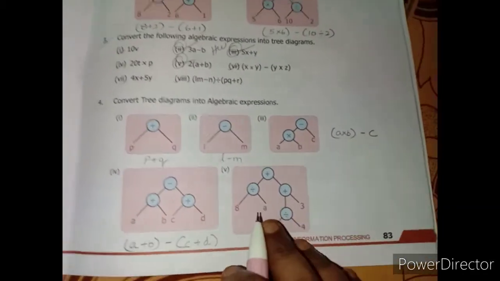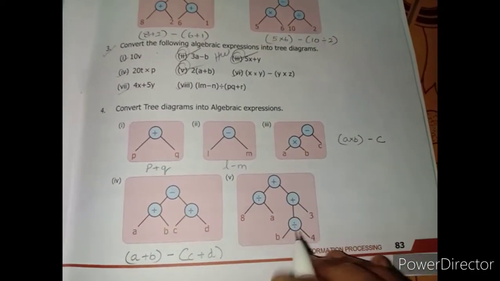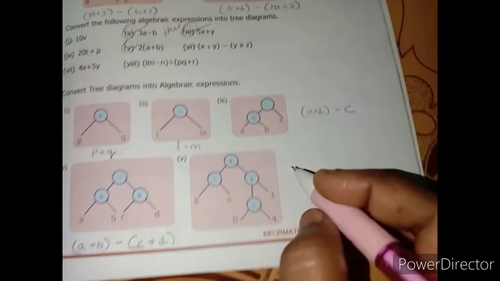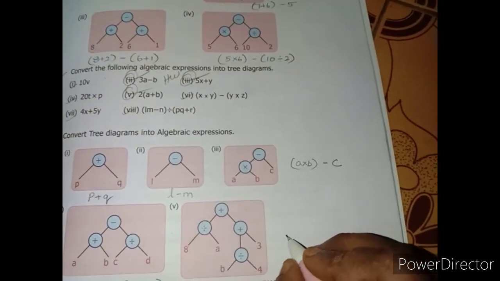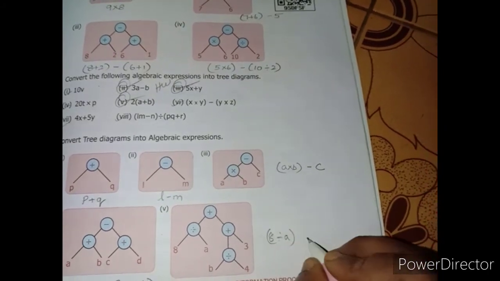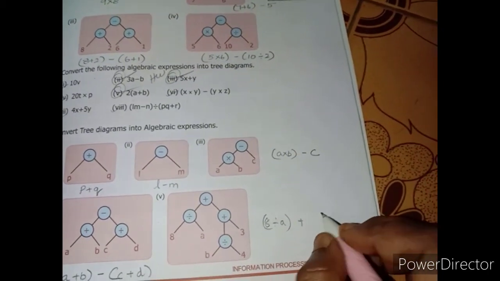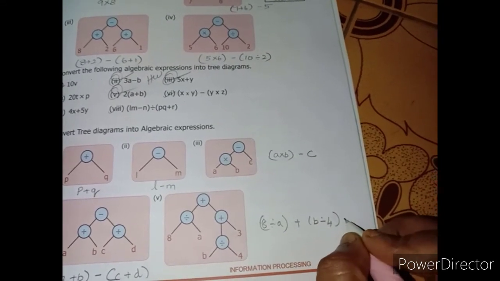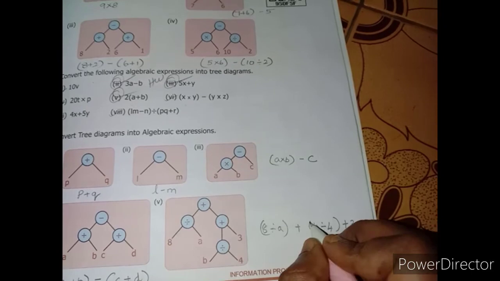Okay. See the last question. 8 divided by a plus b divided by 4 plus 3. So 8 divided by a, plus, b divided by 4 plus 3.